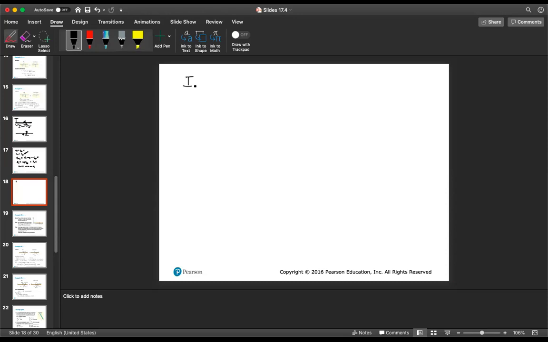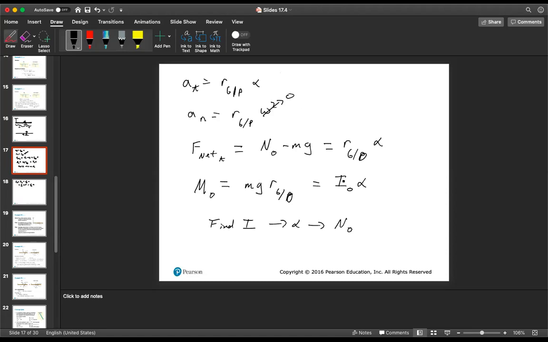I'm going to say the moment of inertia about point O is going to be the moment of inertia about the center of mass plus the amount that we shifted it, which I'm calling R G relative to O, squared times M. And so when I have a rod rotated about its center, that's 1/12 ml squared plus R G relative to O squared times the mass. And if I have that formula, I can go look on the previous page, put that into here, and solve for alpha.